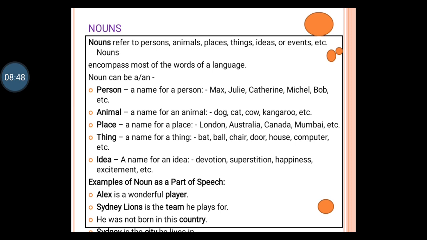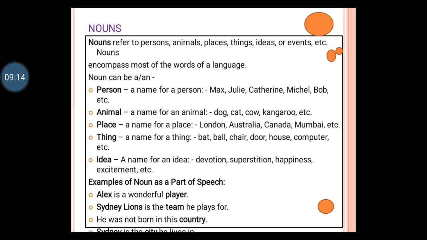Words with vowel sounds are words that begin with the vowels a, e, i, o, u. Any word that begins with these vowel sounds, an comes before them.